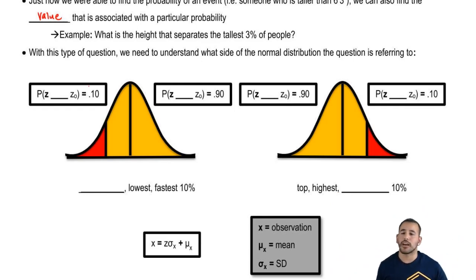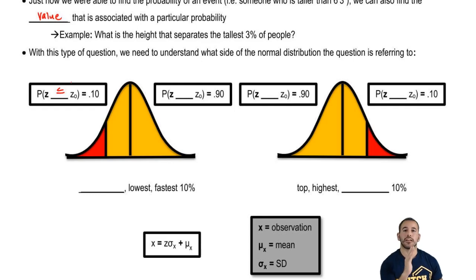So for example, if I ask you, find the z, and you see that little z0, that's basically find the number that represents a z. So what's the probability that z is less than or equal to this random number that you need to find is 0.10.